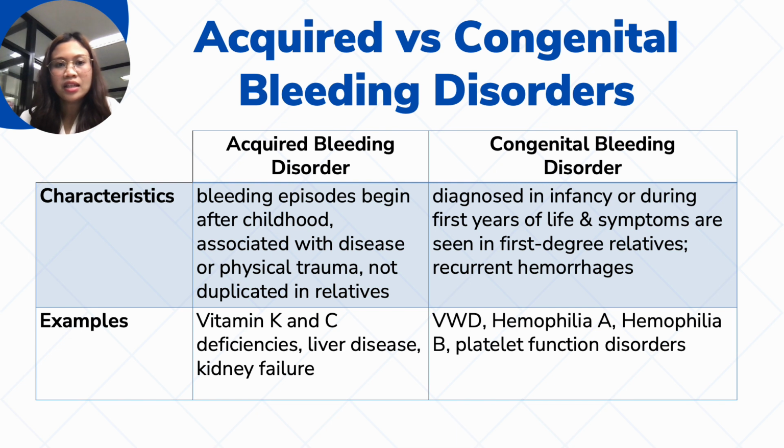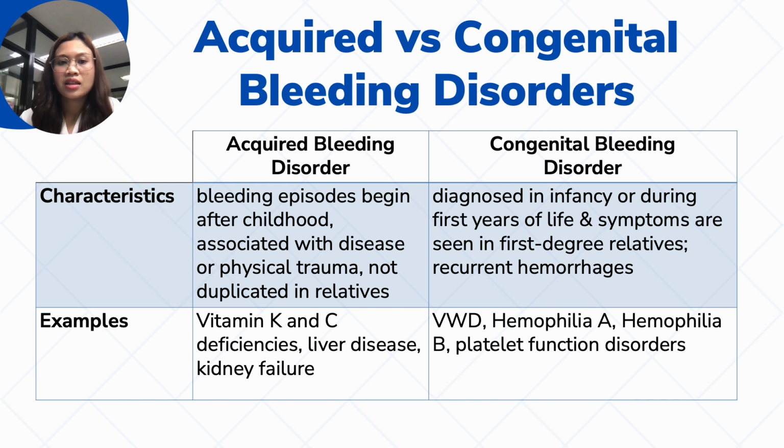And lastly, bleeding may also be due to acquired and congenital disorders. However, the characteristics of bleeding due to acquired or congenital disorders vary. For acquired bleeding disorders, these may be due to vitamin K or C deficiency, liver disease, and even kidney failure.